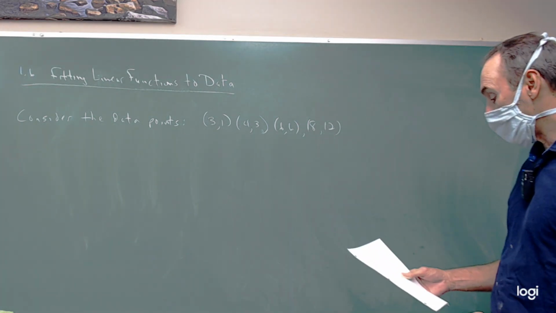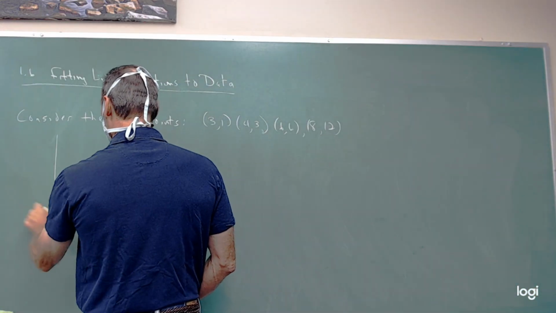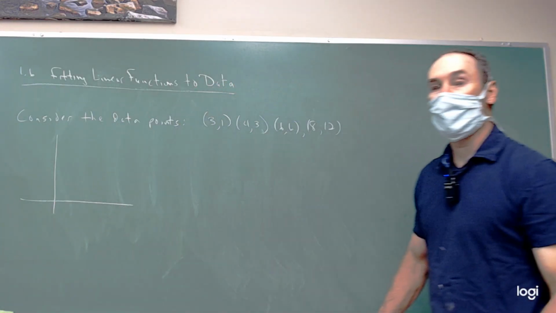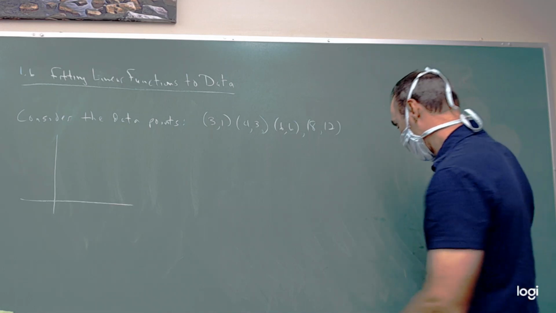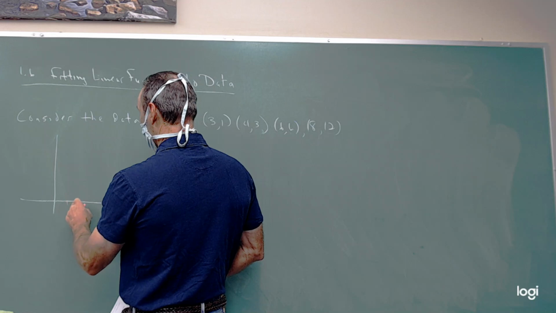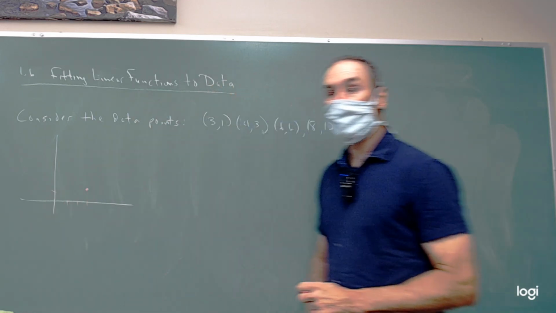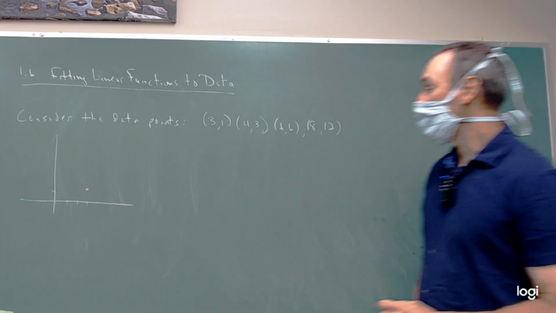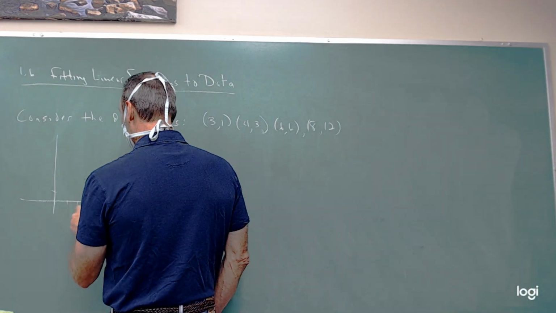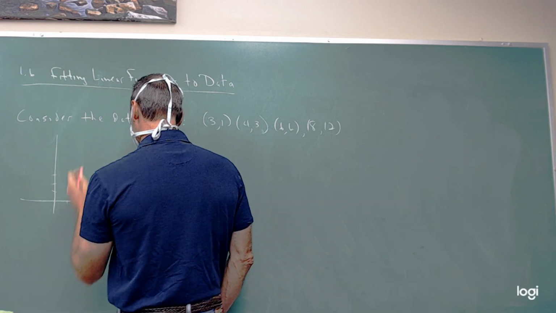So let's plot these, and as best we can, our lines are all going to be positive. So I'm going to do it over here, and we're going to say 3, 1 as 1, 2, 3, 1. So there's our first data point. And then we've got 4, 3, so it's going to be 4. And I'll try to make my scaling as consistent as I can.